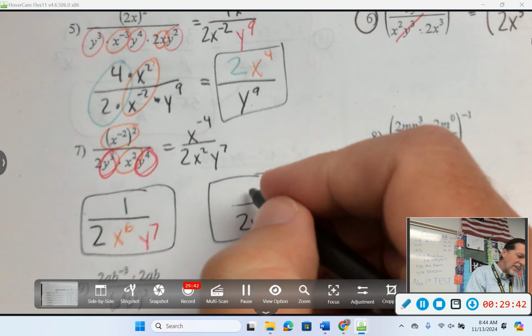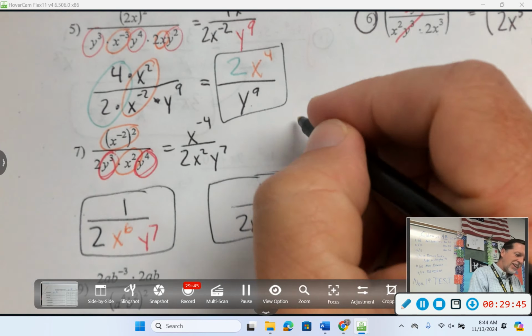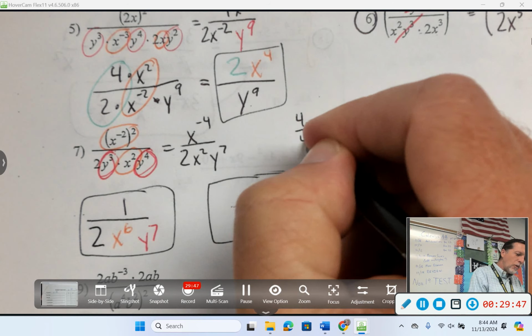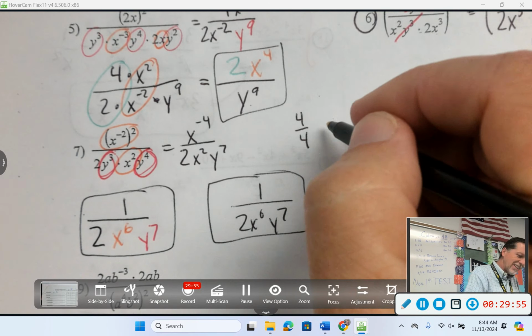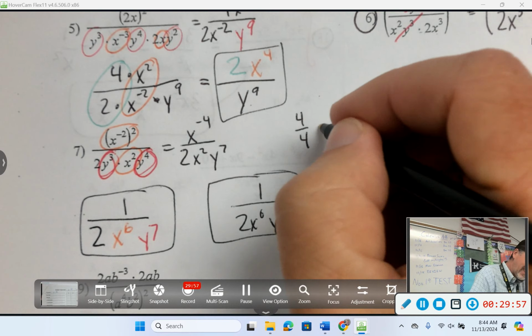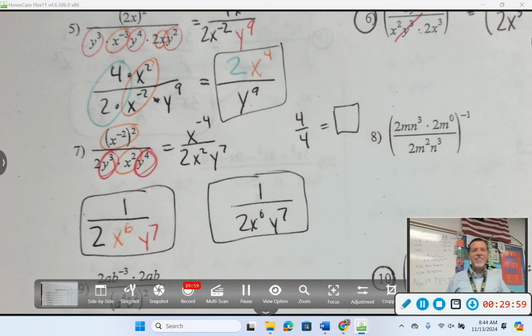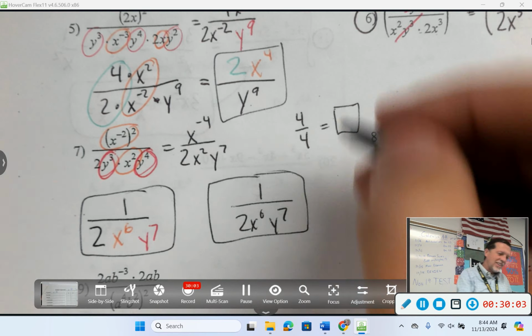There's still a 1 there. I mean, what's 4 over 4 equal to? 1. Nothing? Like it just goes away? No, it's 1. It's not nothing, there's a 1 there.